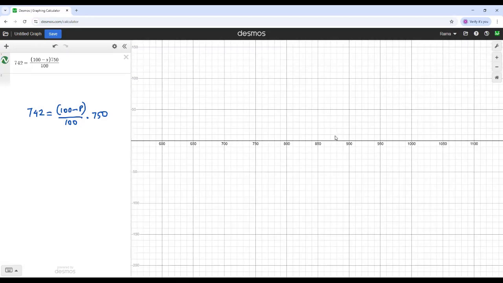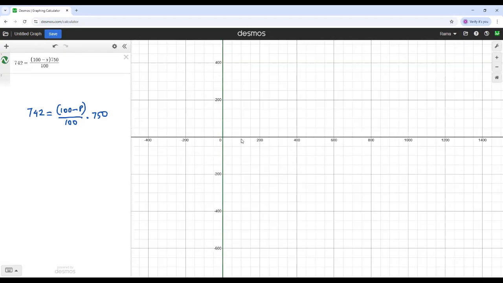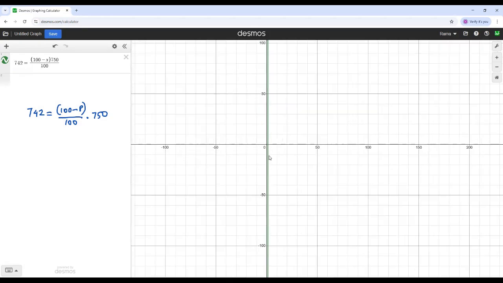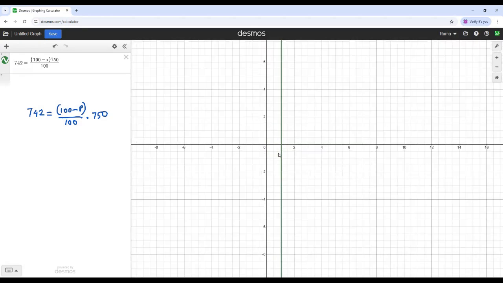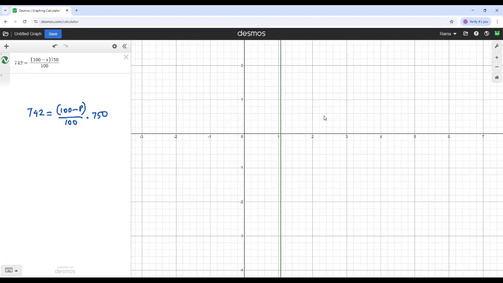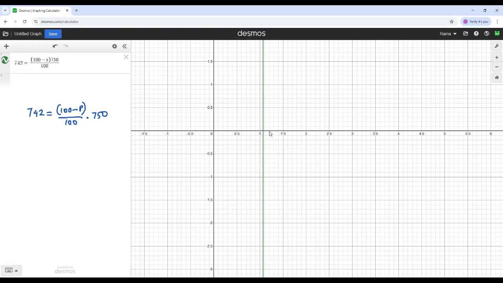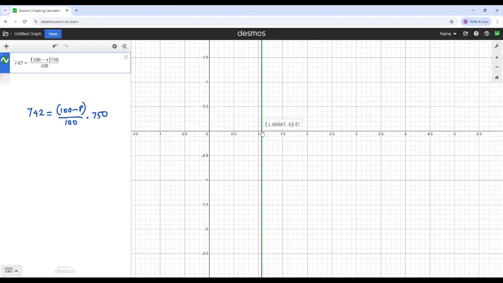Here I have given the equation as input. Now let me find the graph. The graph is over here, in green color. Let me zoom in. Since we have used x at the place of the unknown p, we have to consider the x-intercept of the graph. The x-intercept of the graph is 1.06667. Now we consider the x-coordinate over here.